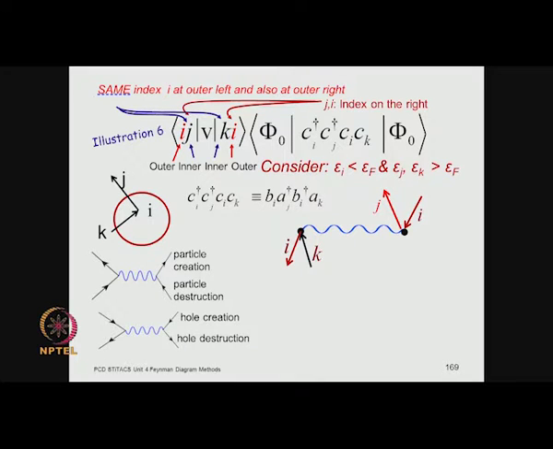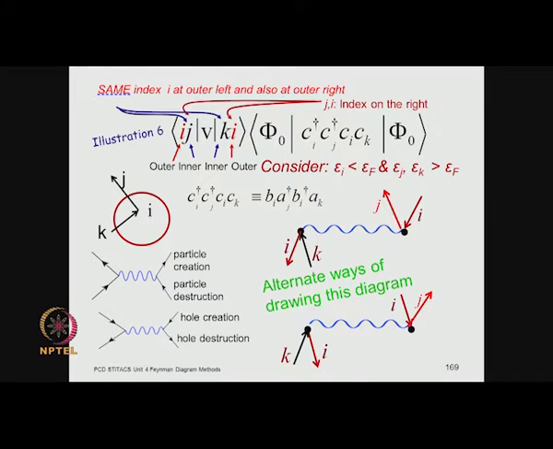So, this is the kind of physical picture that you can draw, but now remind yourself of the fact that I had mentioned that the leaning of these arrows does not have any particular significance, and what you can do is draw the same diagram in an alternate manner, because what is important about the arrows k and i is that k goes into the vertex and it is an arrow pointing upward, and if it is leaning from right to left or from left to right is of no great significance.